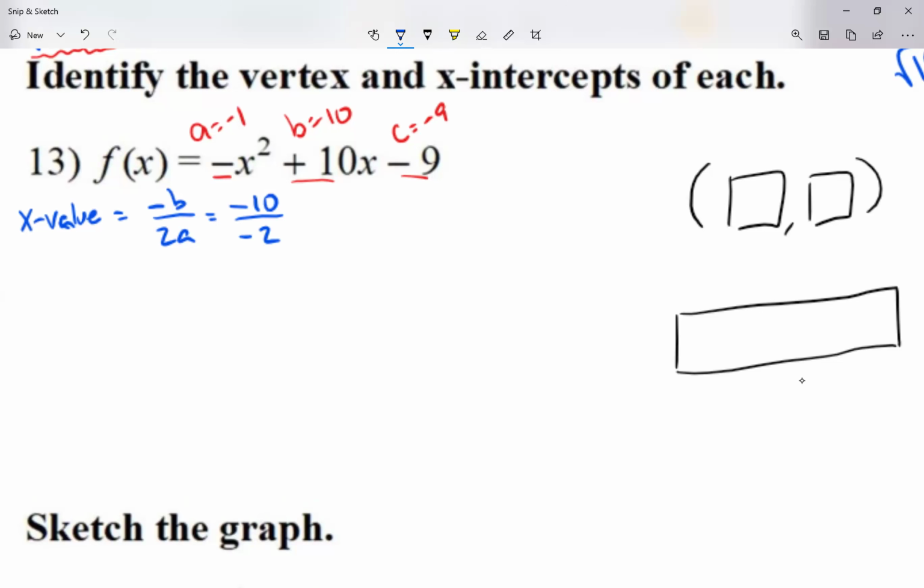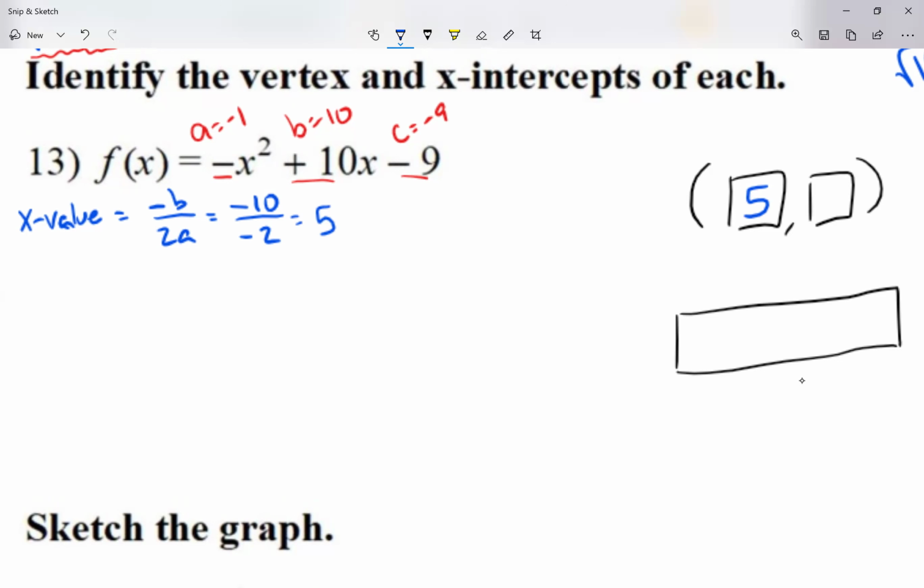Remember how a is -1, so 2 times a gives me -2. Now, negative divided by negative is positive, and 10 divided by 2 is 5. So my x value is +5. That is what I'm going to write here, the x value of my vertex.